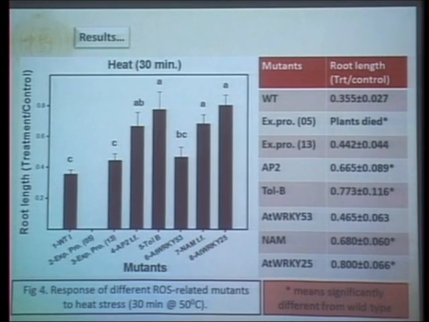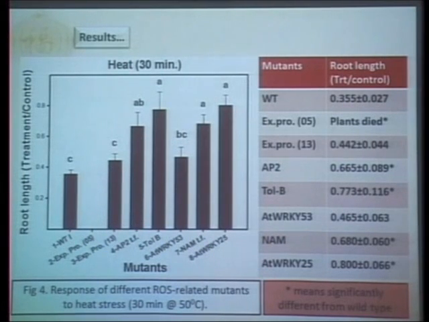But the interesting thing we found here is the expressed protein. What happened in this? When we treated the mutant with heat, all plants died. They turned brown with no further growth of roots. So we can expect that this gene might be involved in enhancing tolerance against heat stress.